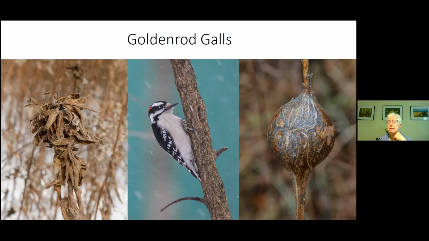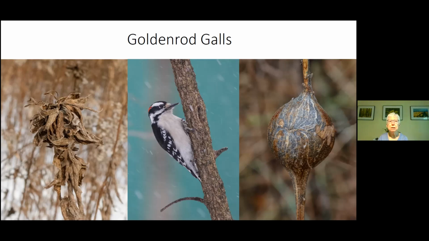There are some other insects that are predators of the insect that caused the gall to occur. So they may lay their eggs there, eat the insect inside, and then emerge when they're mature. So there's whole little ecosystems in these galls that are present on the goldenrods. So they're pretty interesting.